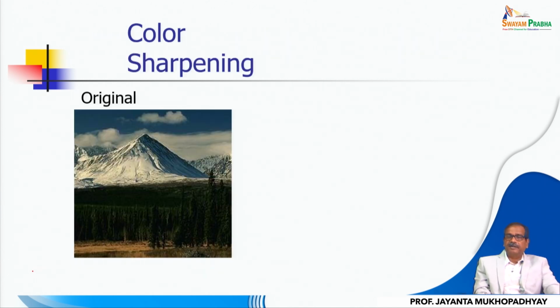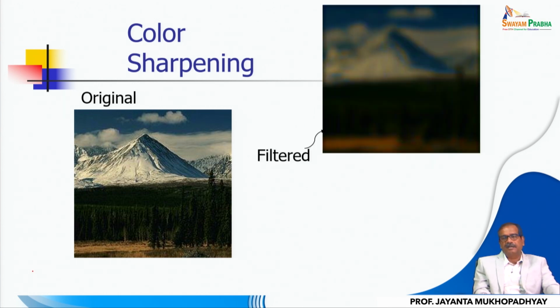You can even apply this for color sharpening. I discussed color image processing. As you know, for color images there are various components. Here I have considered only the luminance component. I am not going to disturb the chrominance component.